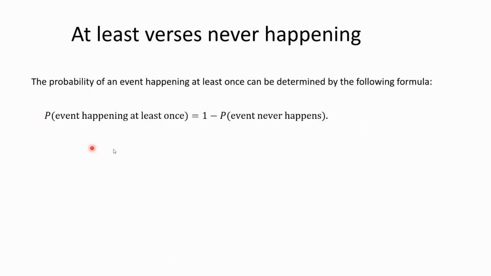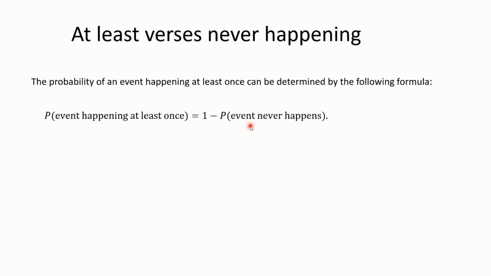With this formula, the probability of an event happening at least once is equal to 1 minus the probability the event never happens. Why is that? Because the complement of an event happening at least once is that the event never happens.